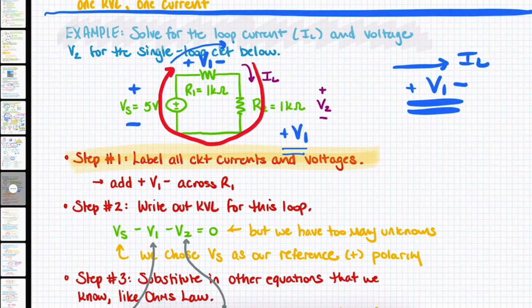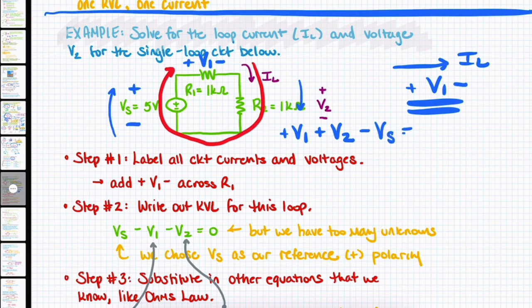Let's go take a look at the other values. What about V2? For V2, we see that the current does flow from the positive to the negative terminal, so that also is positive. What about Vs? Over here, we see that Vs is the opposite. IL, if we imagine it as being this red loop, is flowing from the negative to the positive terminal, which gives us minus Vs, and we're back at the start, so that equals 0.